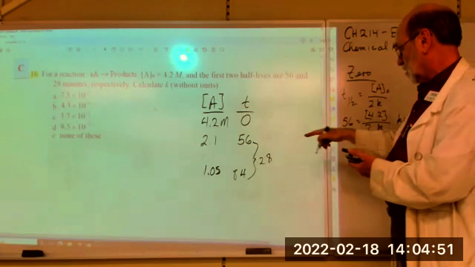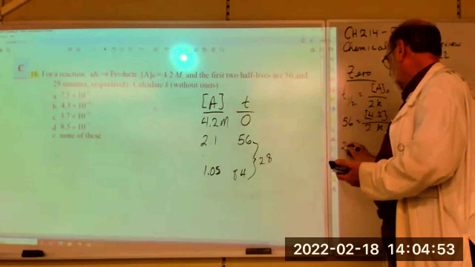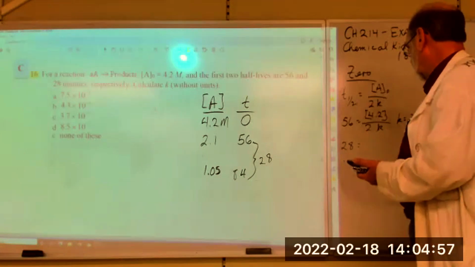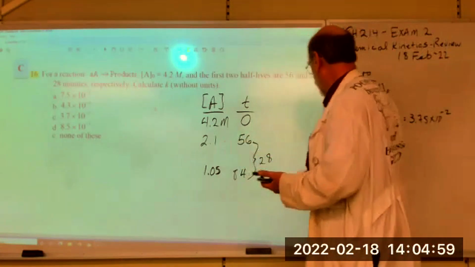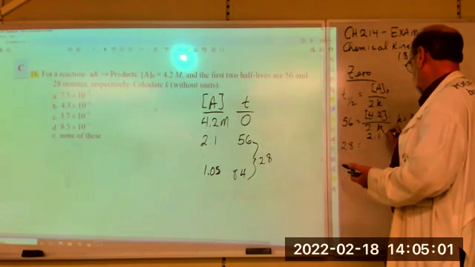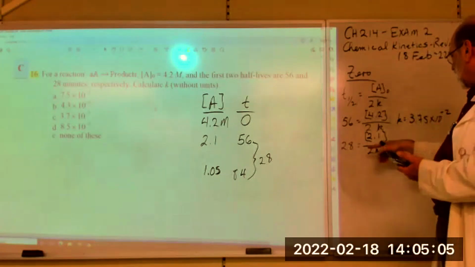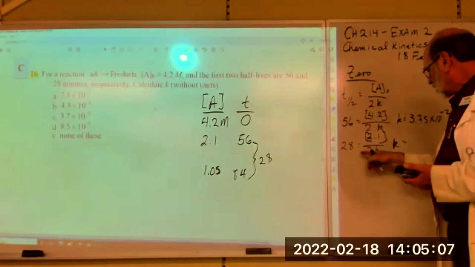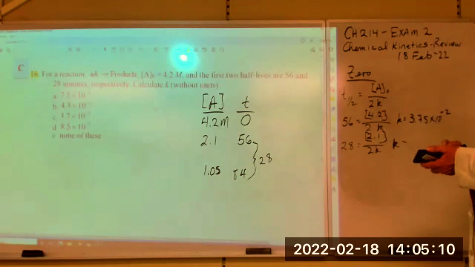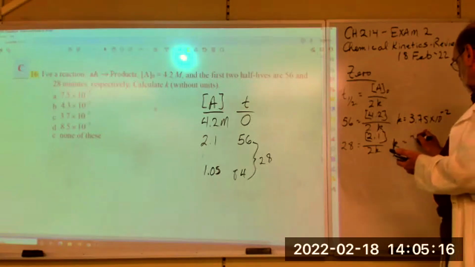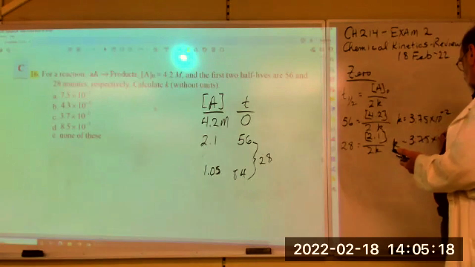Now for the other one, its half-life is 28, but that starts at 2.1 divided by 2K. So K is going to be 2.1 divided by 2 and then divided by 28, which is 3.75 times 10 to the minus 2.